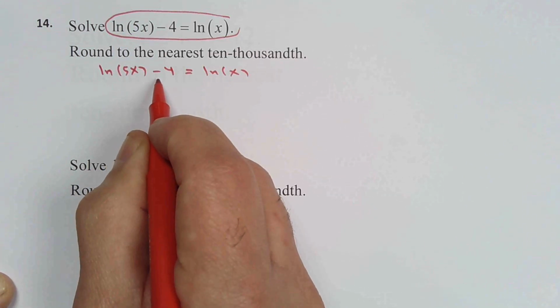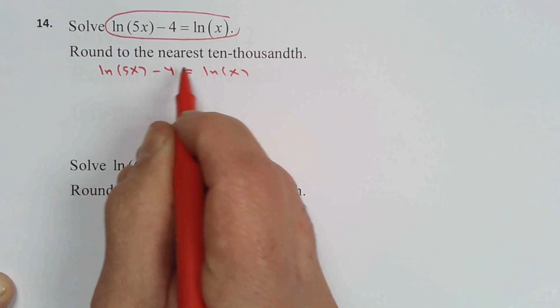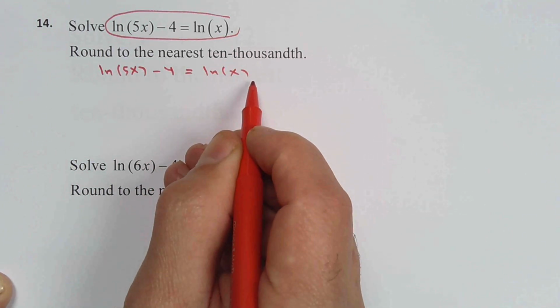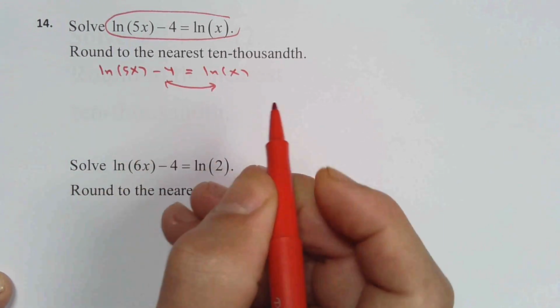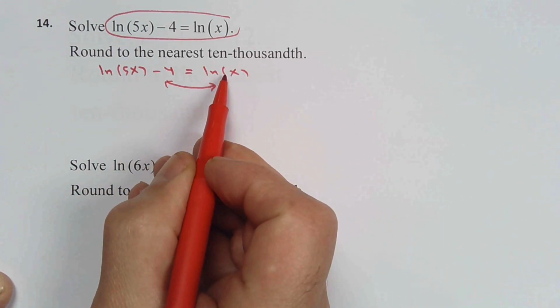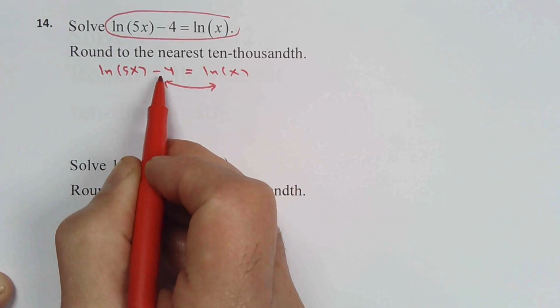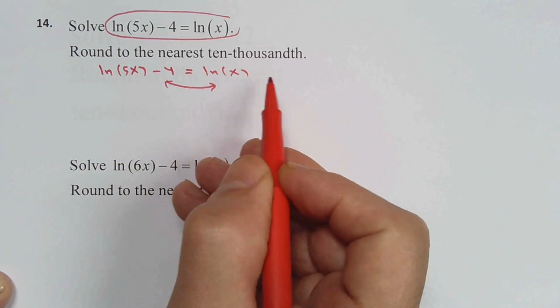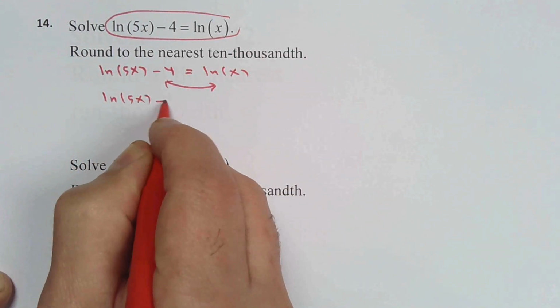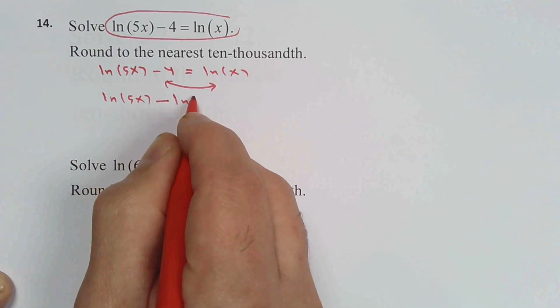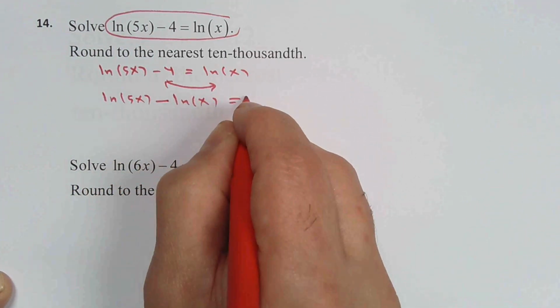And if I add 4 to both sides to move the 4 away, it's going to show up 4 on the other side. So sometimes we say, like, let's move things around. Moving this to the left will change it to minus. Moving the minus 4 to the right will change it to plus. So I have ln 5x minus ln x equals 4.